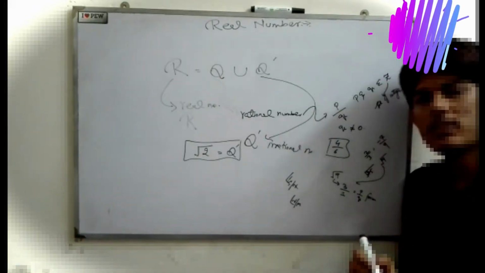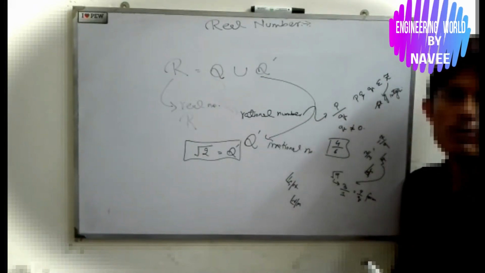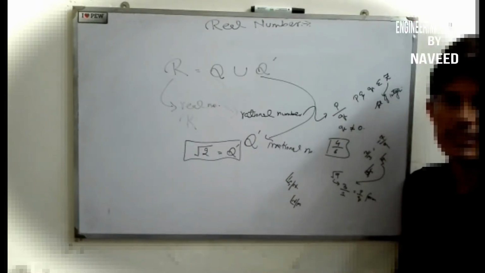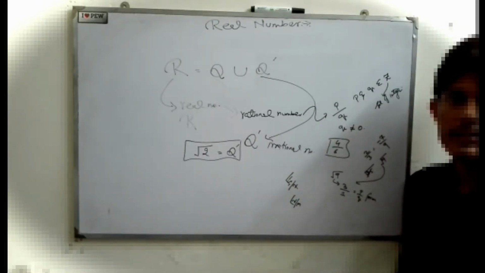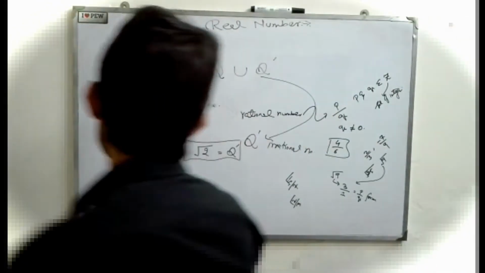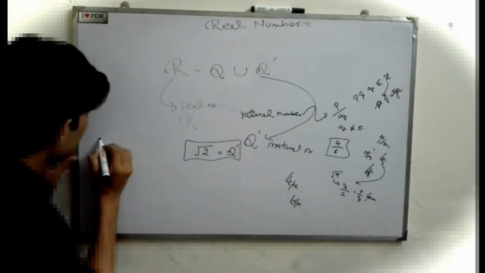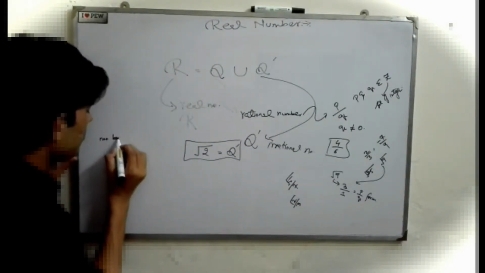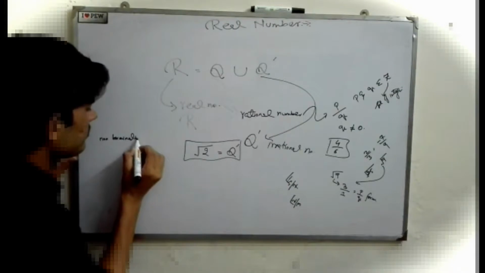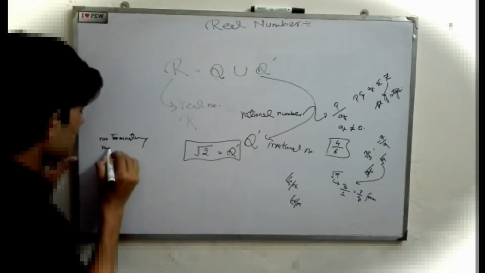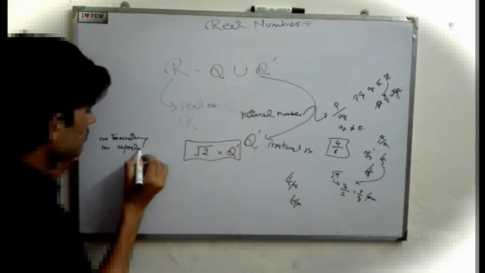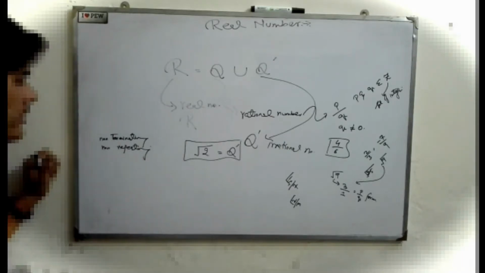Also, an irrational number can be defined as a number whose decimal representation is non-terminating and non-recurring. Or you can say that all those numbers whose decimal representation is non-terminating and non-repeating are called irrational numbers.